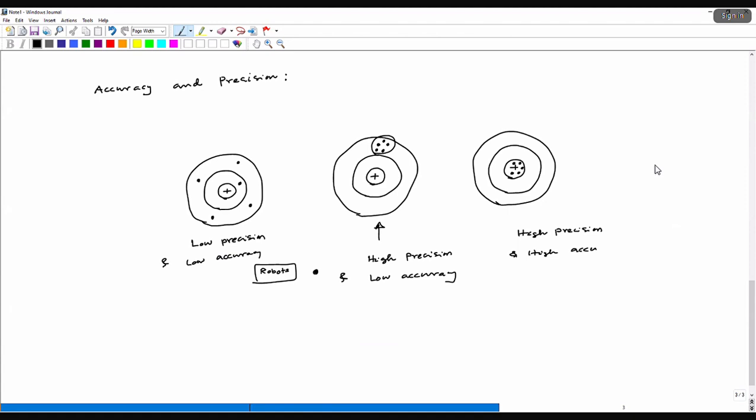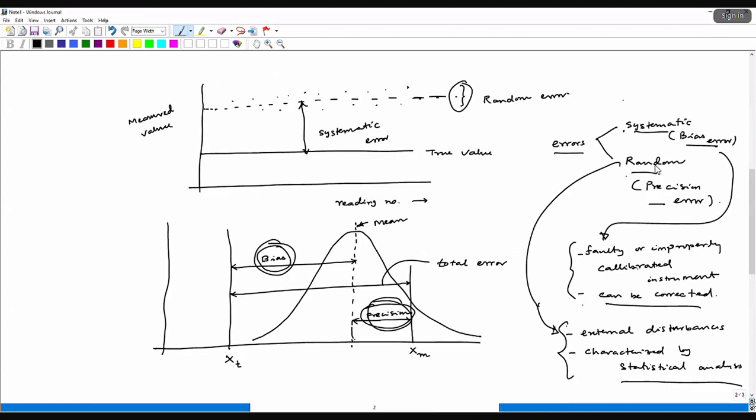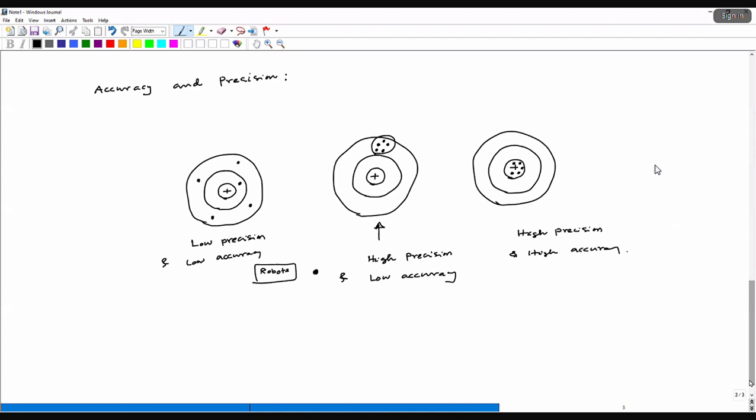So basically, you can now relate to what we studied just now in terms of the bias and the precision. When the data points are scattered from each other and also very different from the true value, you can say it is low precision and low accuracy.